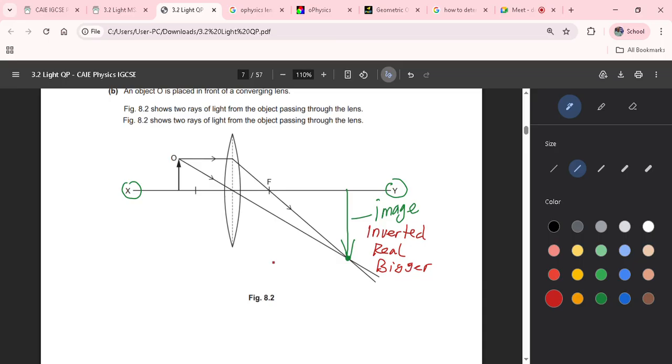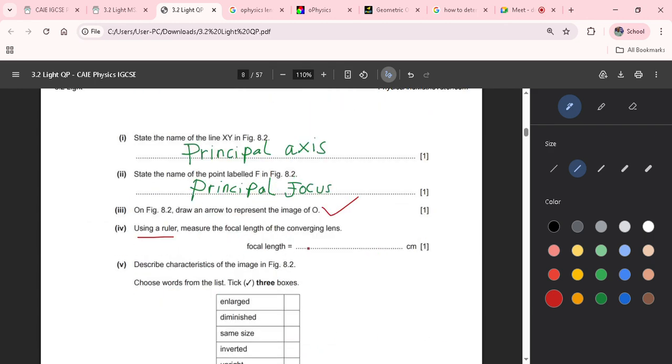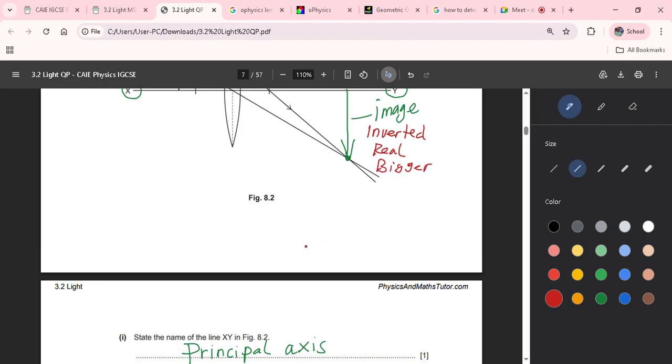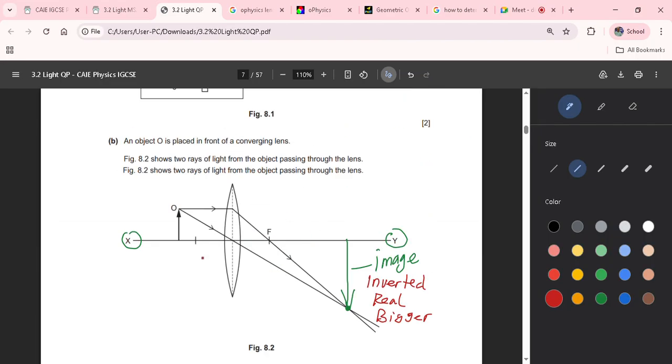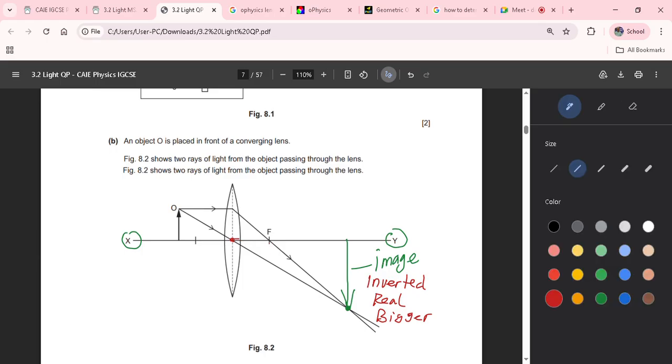Maybe this question, when we print this, we can answer by using the ruler and measuring the distance from the center to this point.